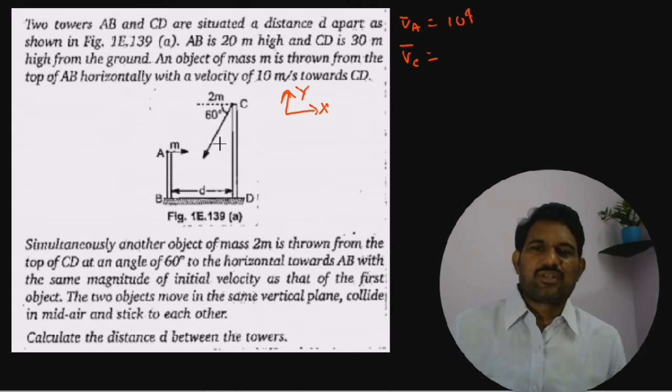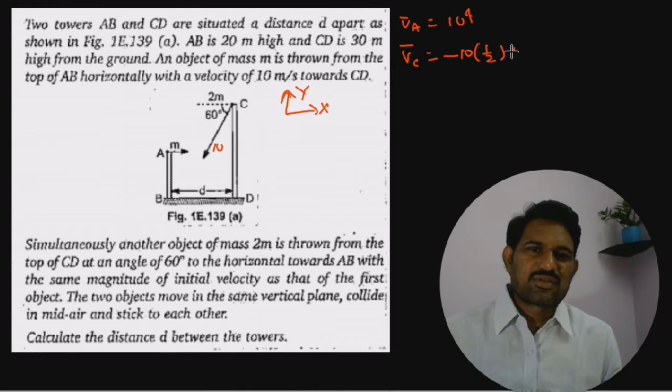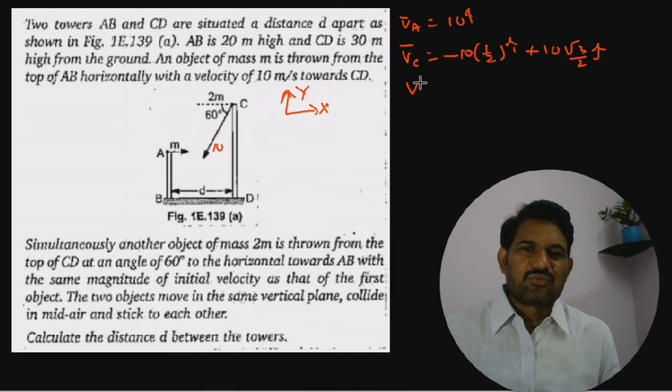Its magnitude is 10 only, the same magnitude it is projected. Then its x component you will get along negative x direction: minus 10 cos 60, and cos 60 is 1 by 2, i cap, plus 10 sin 60, root 3 by 2, j cap. Therefore this velocity of C you can write as minus 5 i cap plus 5 root 3.